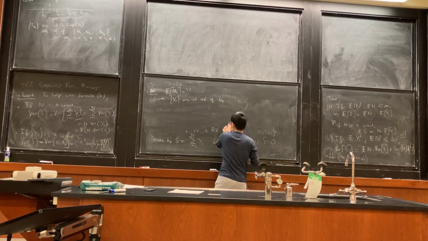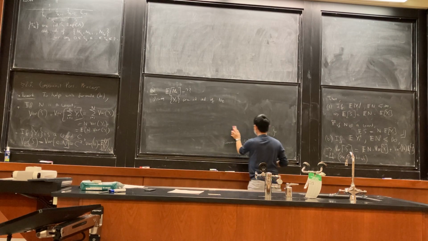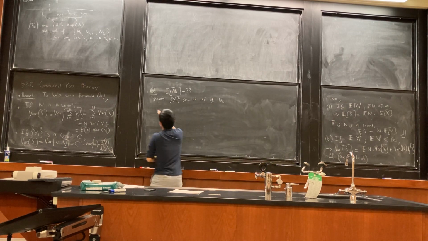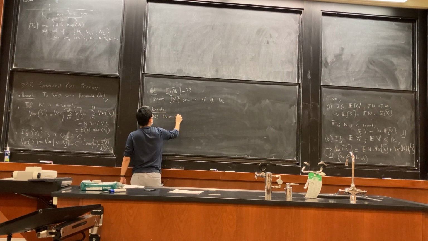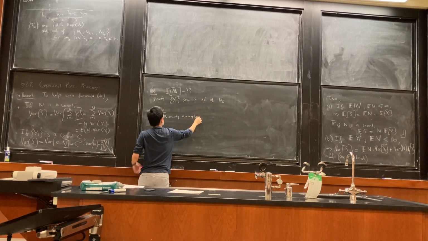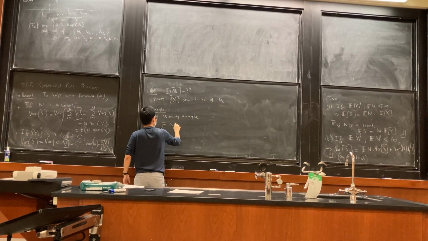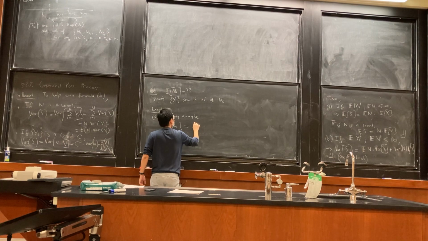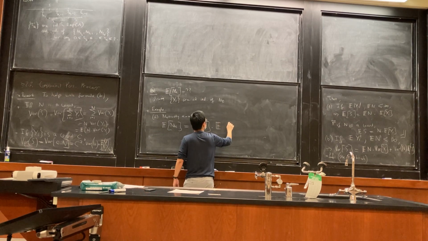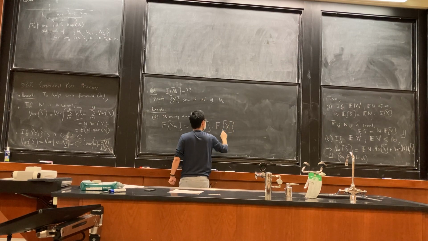So returning to the motivating example, the total number of guests that I would expect to have before time t is simply the expected value of N_t, my Poisson process, times the expected value of the number of guests for each car.